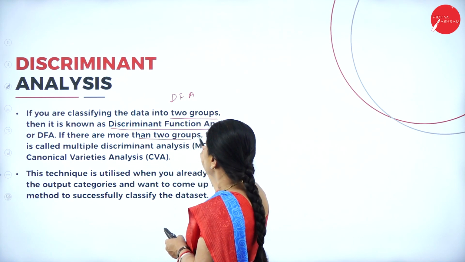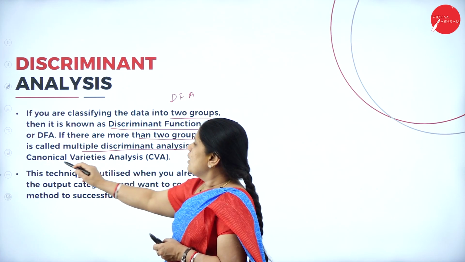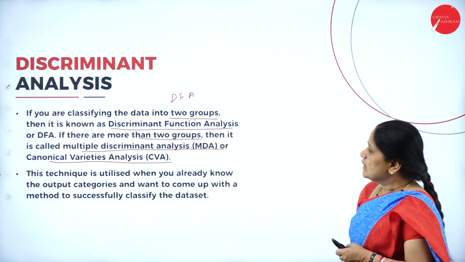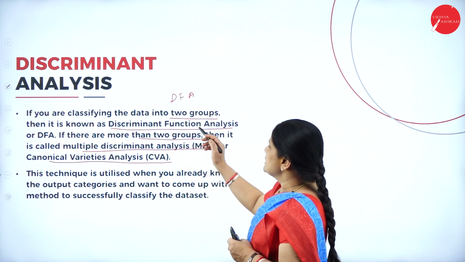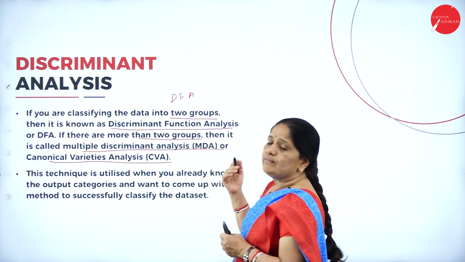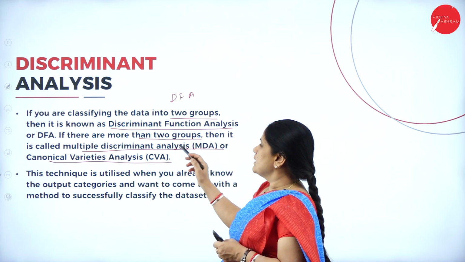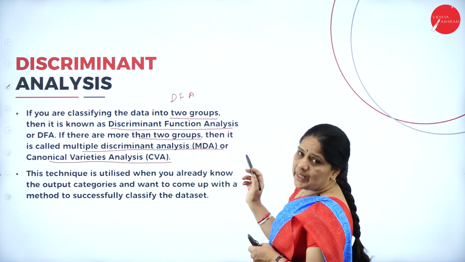If there are more than two groups, then it is called multiple discriminant analysis or the canonical variates analysis. So, if you are classifying the data into two, we call it discriminant function analysis, and if there are more than two, we call it the MDA, or multiple discriminant analysis, or the canonical variates analysis.